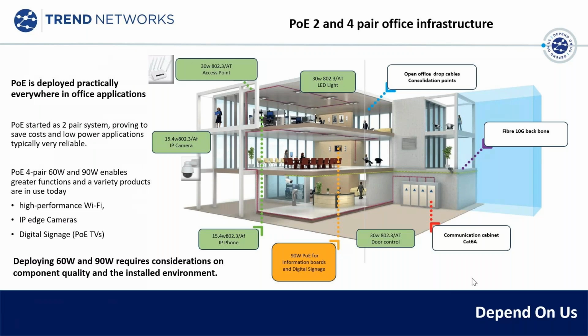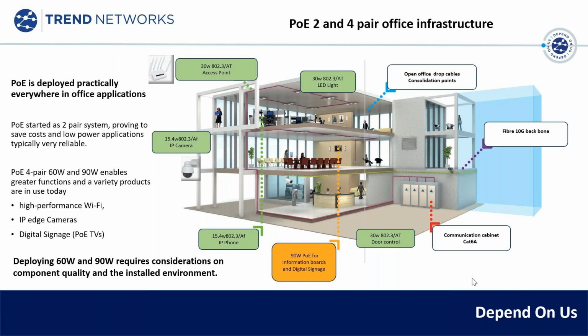It is the advent of the 4-pair variety which we're going to focus on today. So deploying 60 and 90 watt solutions is where we need to do this additional testing. And of course, in a building, we may not know which cable is going to be used to deploy our 90 watt solution on. So therefore, everything across the infrastructure now needs to be tested for DCRU.